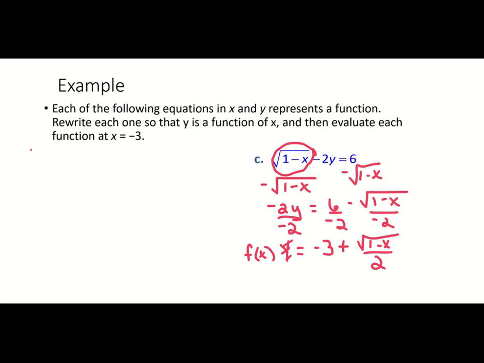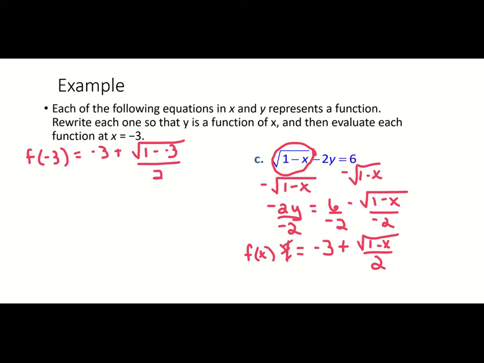So I'm going to say f of -3 equals -3 plus the square root of 1 minus -3, because I plug in my -3, all divided by 2.